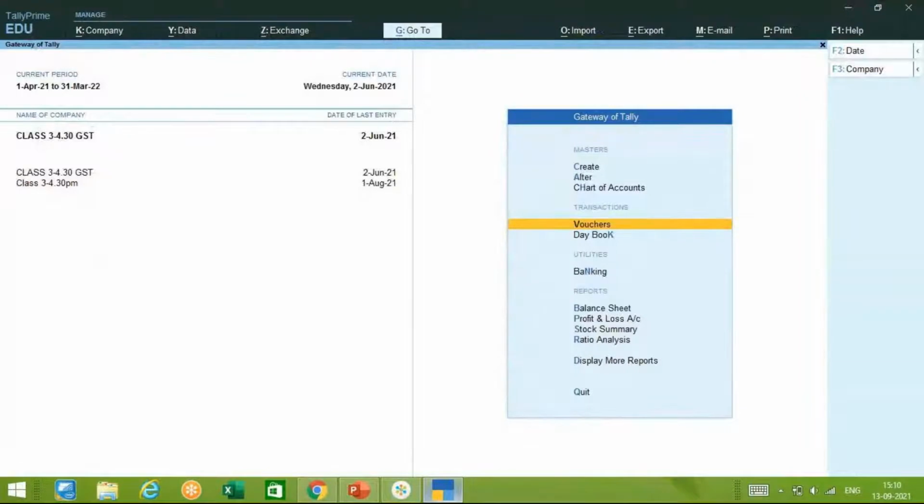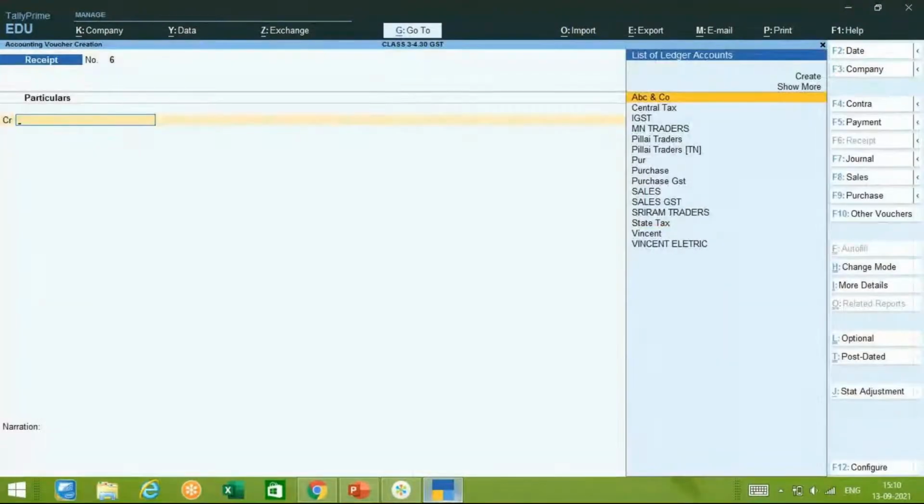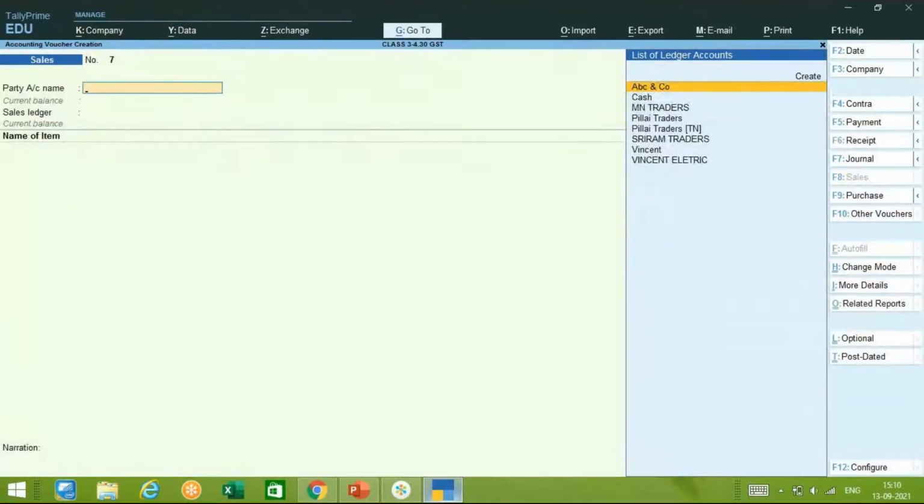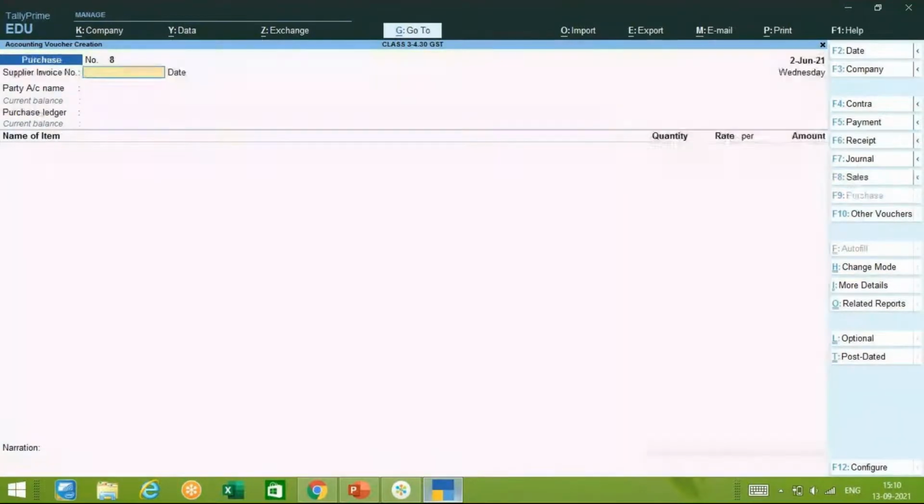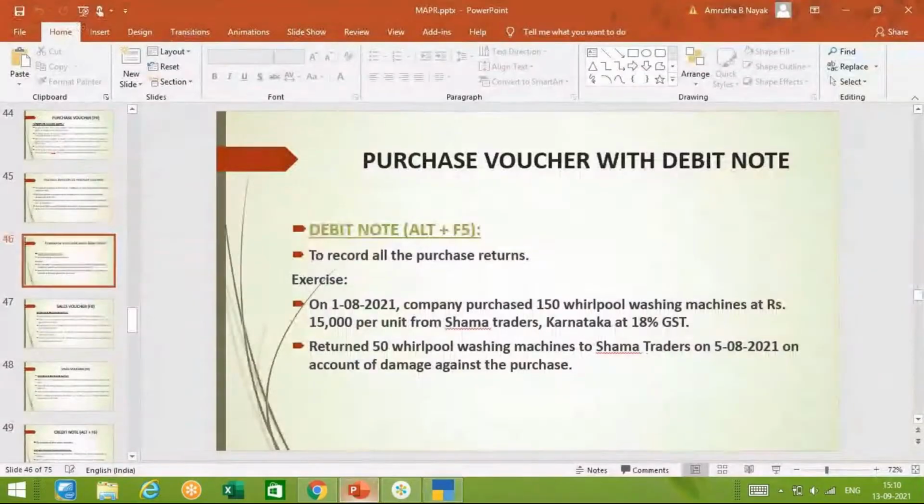Go to the vouchers. Purchase voucher. The company purchased 150 Whirlpool washing machines from Shama.